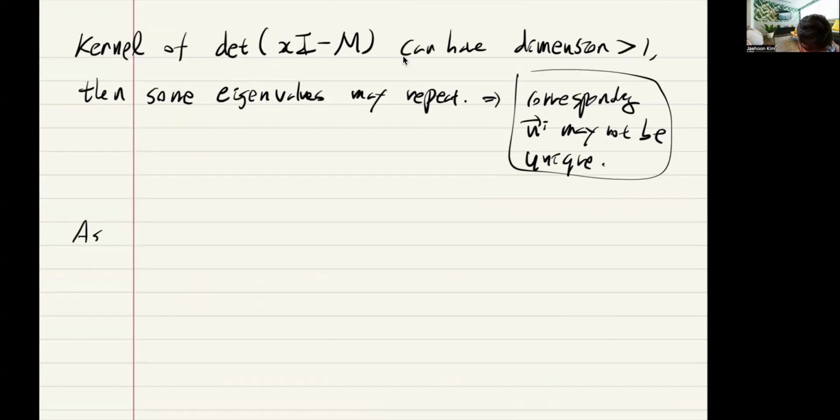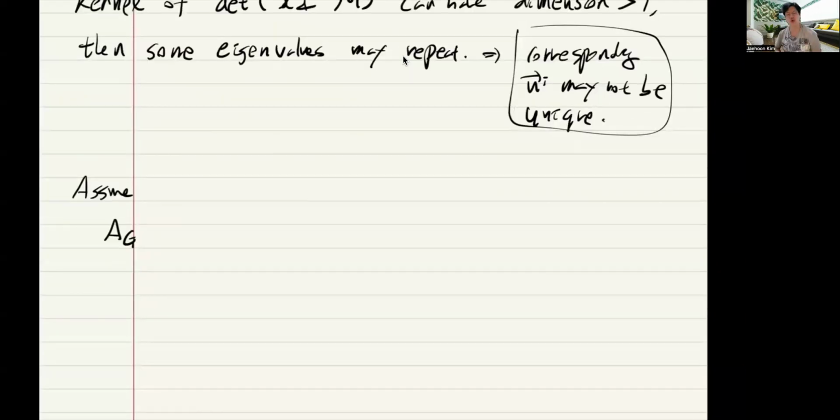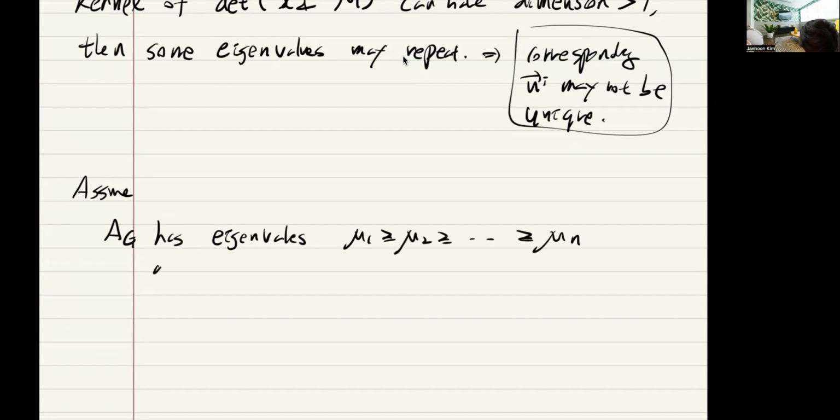So in most of our discussion, we will be given an n vertex graph G, and for that graph, the adjacency matrix has eigenvalues, say mu 1, which is the biggest one, to mu n, and corresponding unit eigenvectors which are orthonormal.